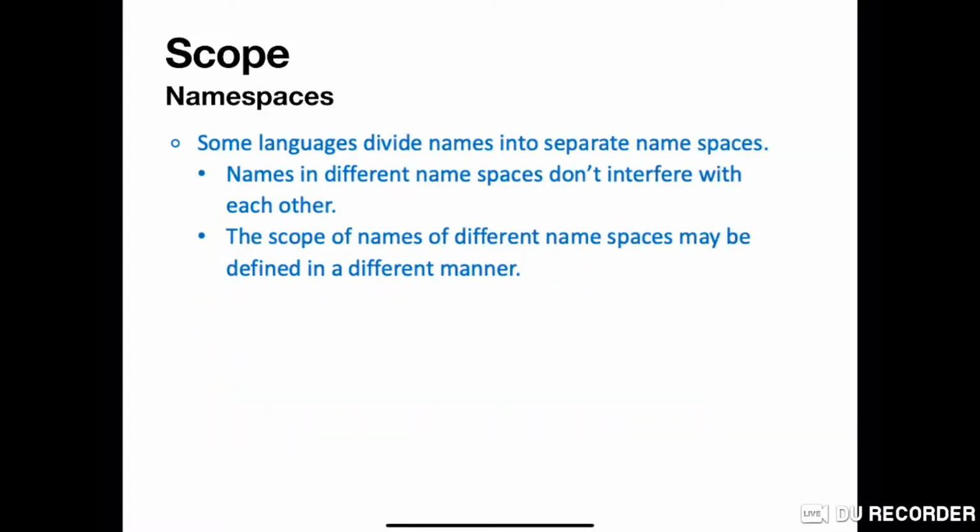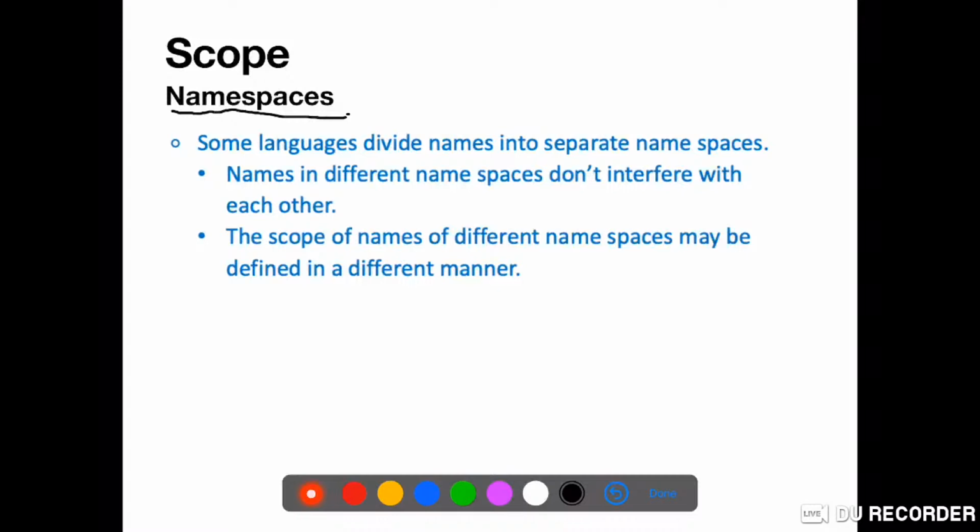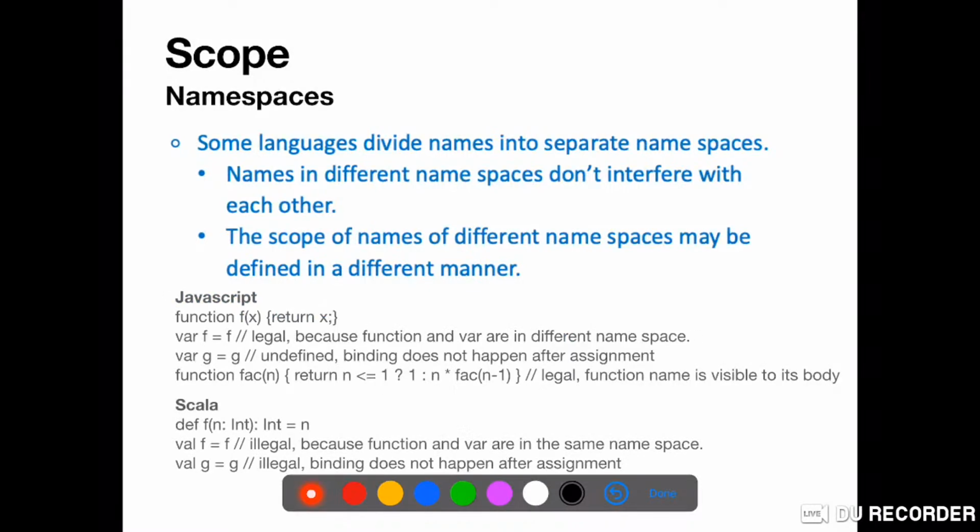And another very little subtopic is namespace. Some languages divide names into separate namespaces so that names in different namespaces don't interfere with each other. So you don't have to design too complicated a scoping rule.